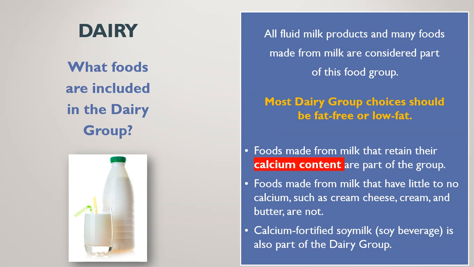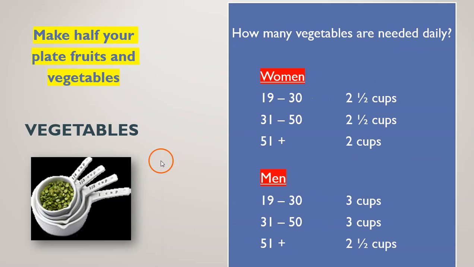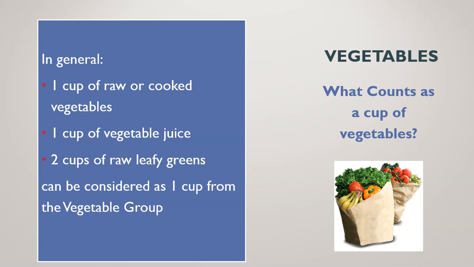If you are wondering, well, what was it again? How many cups of vegetables am I supposed to have a day? Well, you can refer back to this and it's got it there for you. And again, consider these a minimum. So you won't need to memorize all these numbers. Just know where you can find them when you want to take a look.